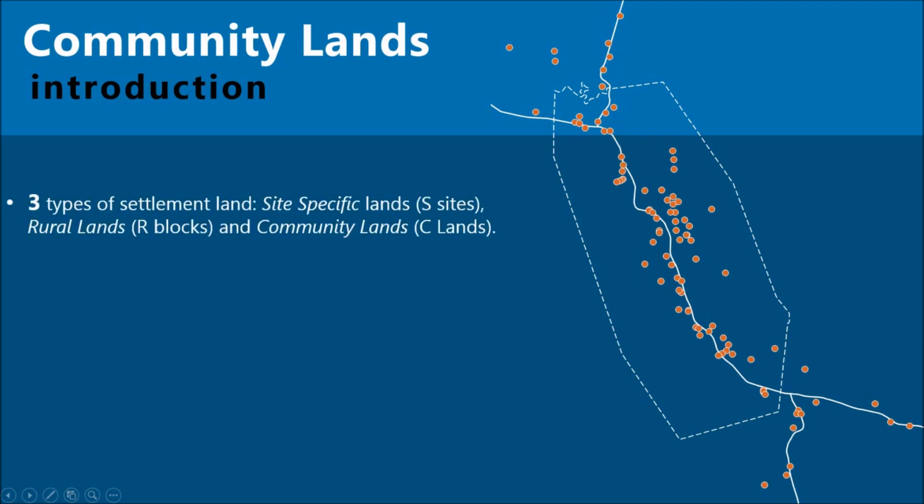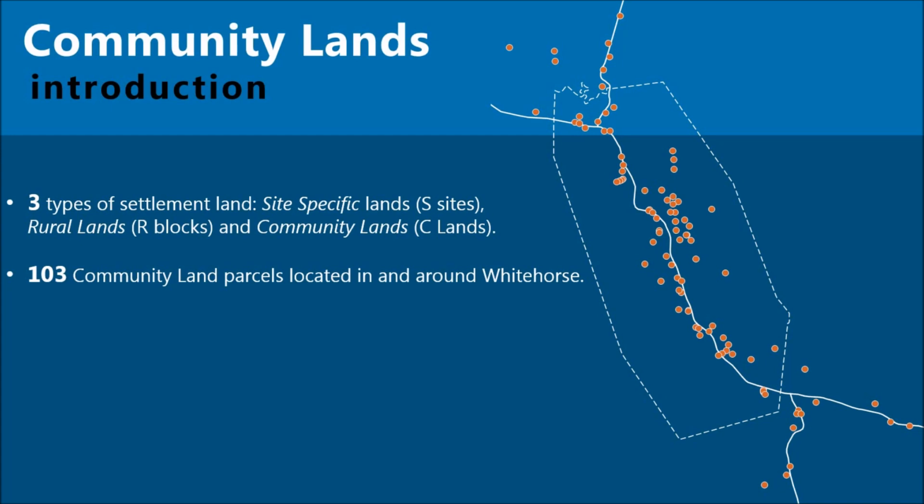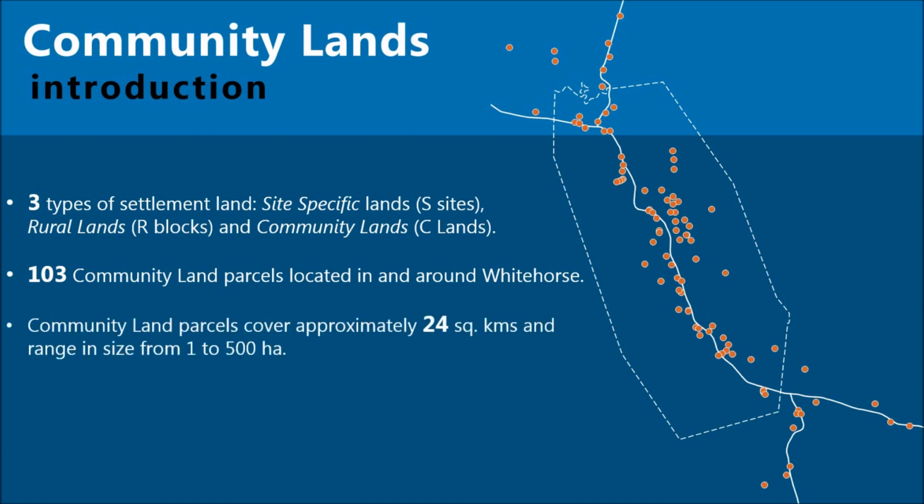So Kwalendon has three types of settlement land: site-specifics or S sites, rural lands or R blocks, and community lands or C lands. And we've got approximately, well, we know that there are 103 community land parcels located in Whitehorse, and these cover approximately 24 square kilometers and range in size from small individual residential lots to very large blocks of land up to 500 hectares.